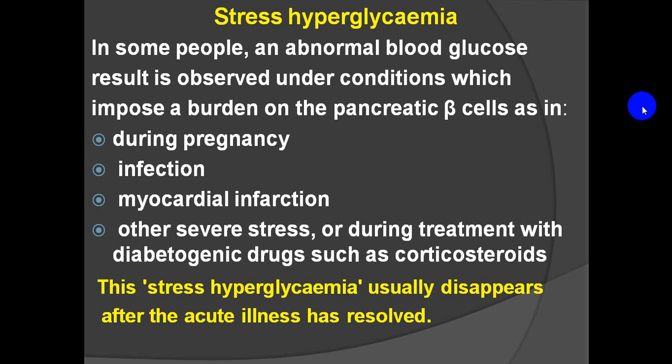This stress hyperglycemia usually disappears after the acute illness has resolved. If such hyperglycemia doesn't disappear after recovery of the acute infection or the stressful events, it is no longer called stress hyperglycemia.